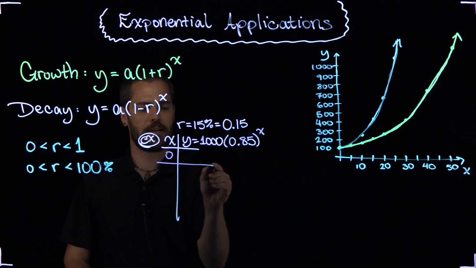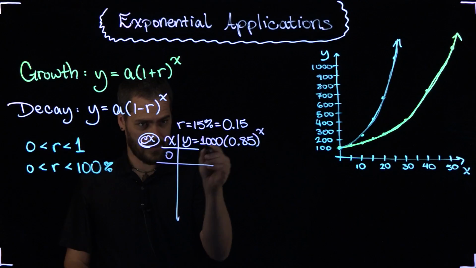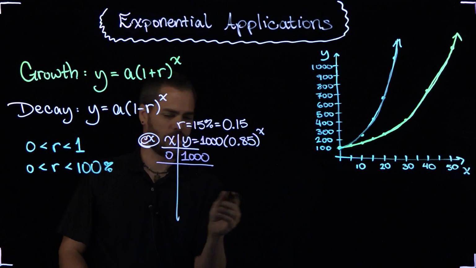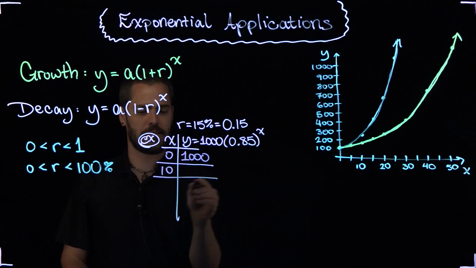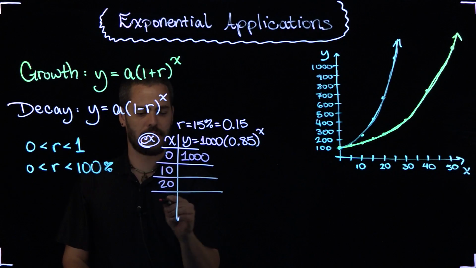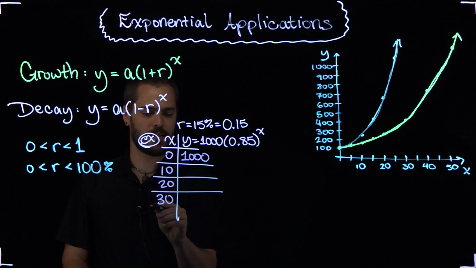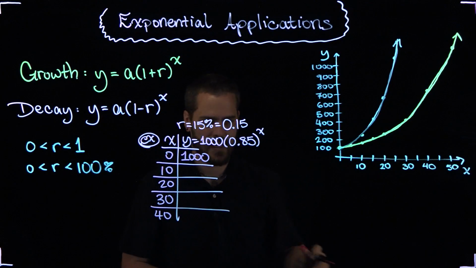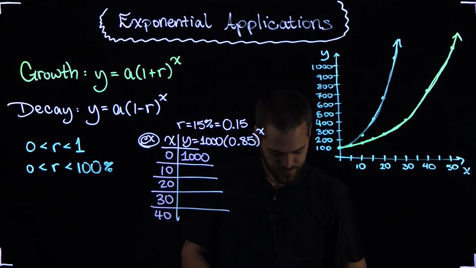At 0 time, of course, we know what we get. It's what we started with, 1,000. And then let's do some, how about 10 years, 20 years, 30 years, 40 years, and that might be enough. After 10 years, I'm going to put a 10 in there.